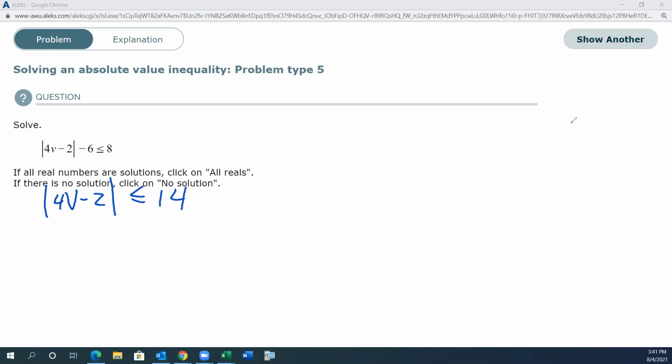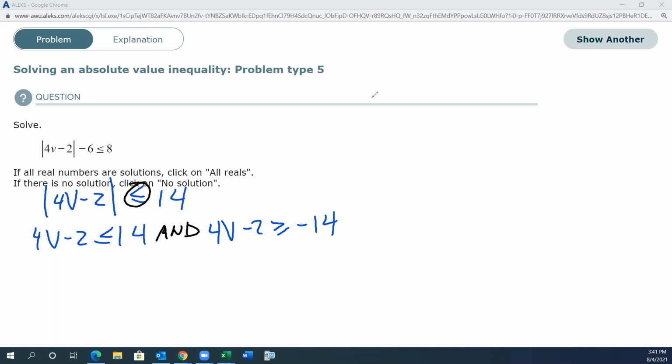Okay, so now that the absolute value is by itself, we'll rewrite the whole thing without the absolute value bars. Then we'll rewrite it again, flipping the inequality and changing the sign on the right. And what do we get? Is it "and" or "or"? Turns out because we have a less than, we're going to get "and."